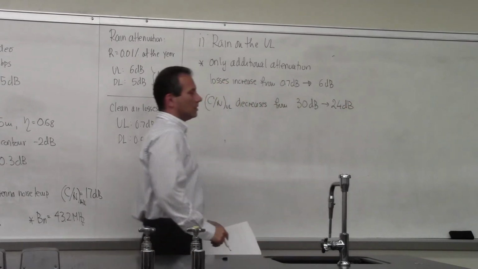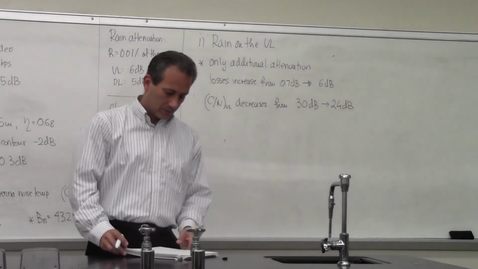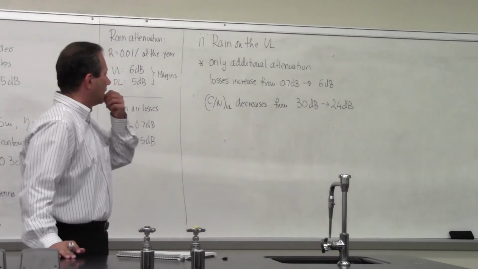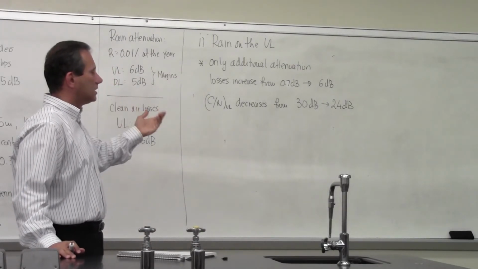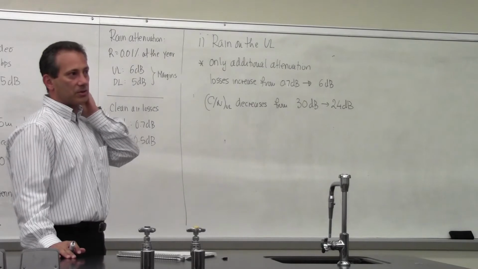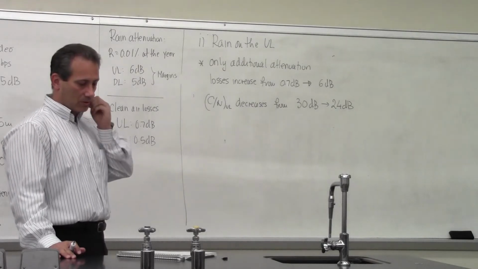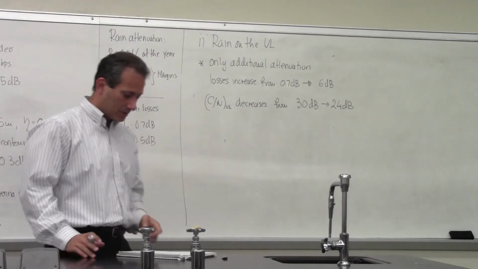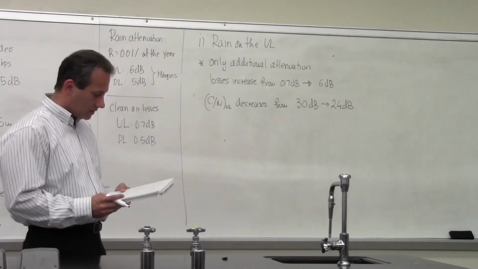Why? Because as a result of the rain, your signal decreases, but the noise temperature stays the same. So your C to N will just be hit on the C side.